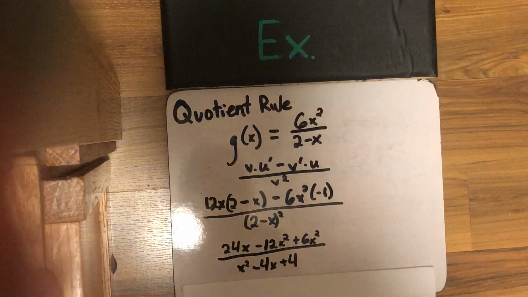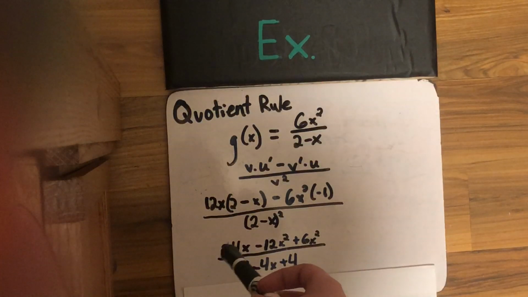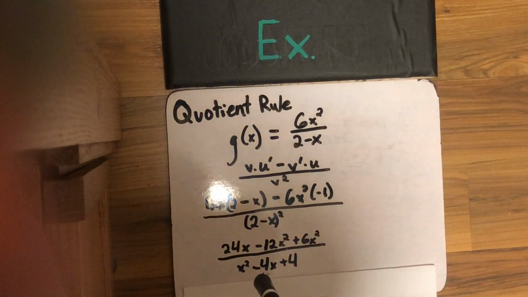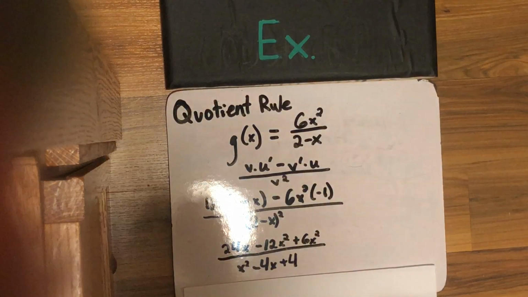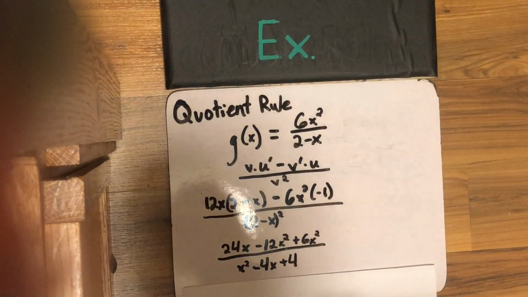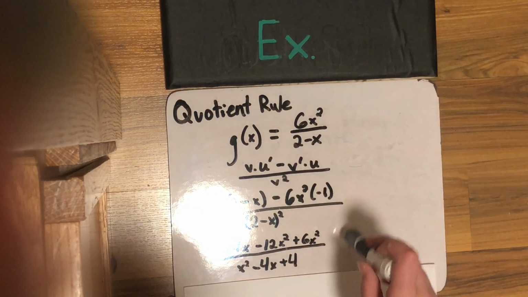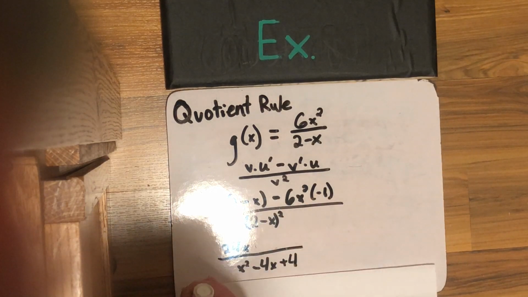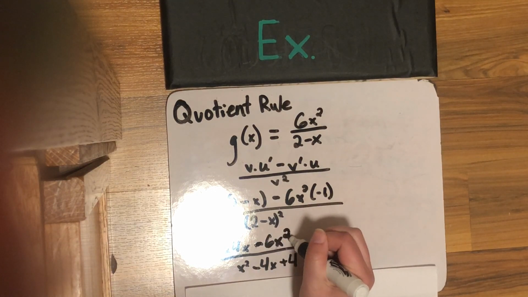That can be simplified even more, or written out even more, to 24x minus 12x squared plus 6x squared all over x squared minus 4x plus 4. And that can even be written out more. You can take these two, negative 12x squared plus 6x squared, and you can add them together to give you negative 6x squared.